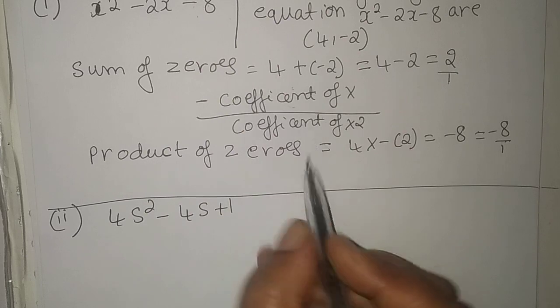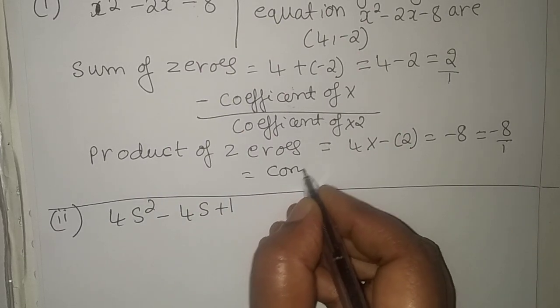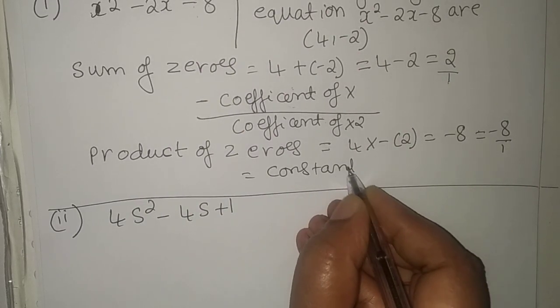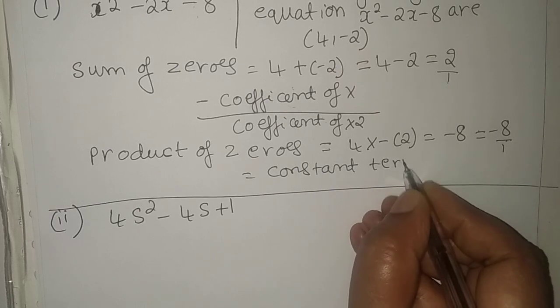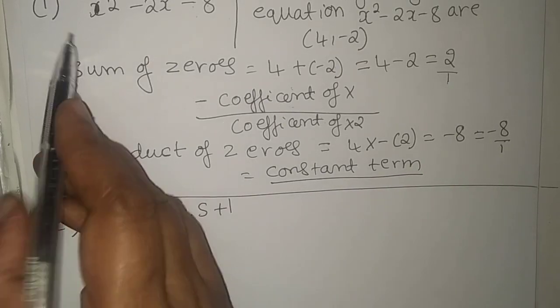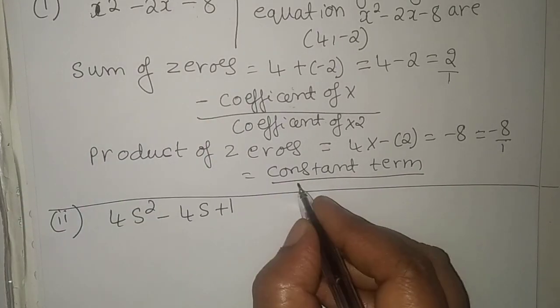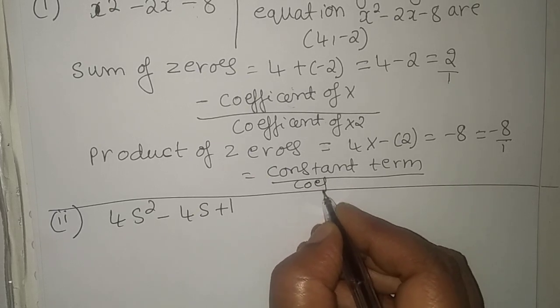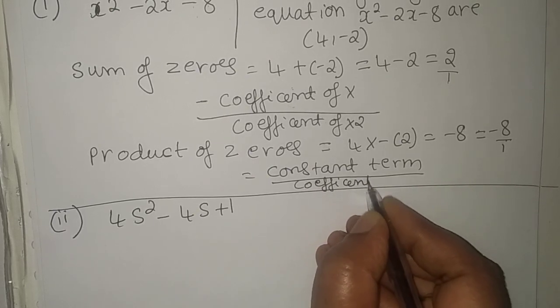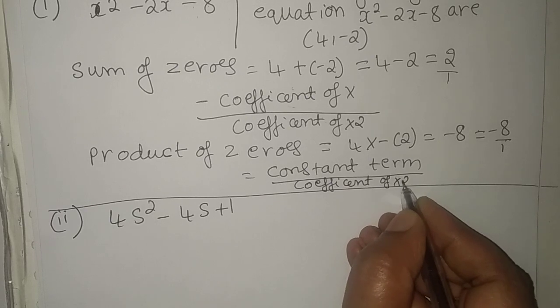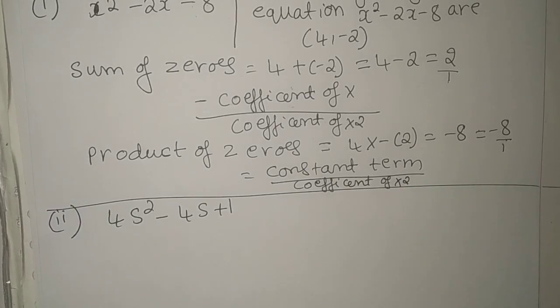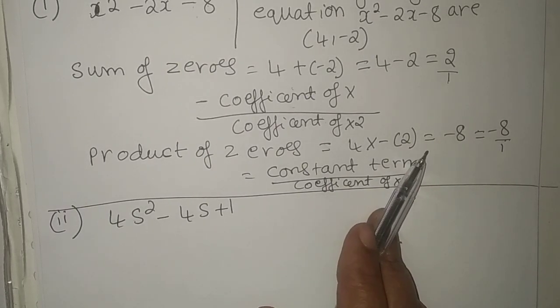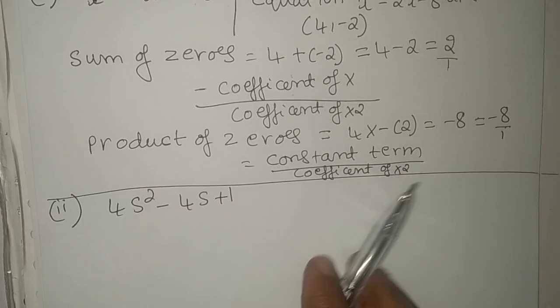It is the constant term. Now we write constant term by, what is 1 here? That is the coefficient of x square. Just write it down here. So this is the correct way, coefficient of x square. But I made a mistake there. I wrote the formula first, then wrote this. That is not the correct way. This is the correct way.